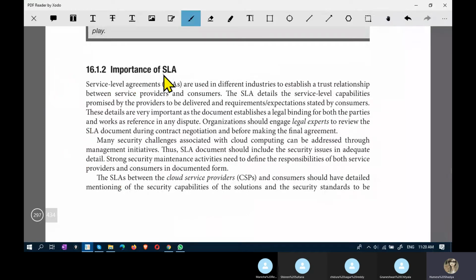What is the importance of SLA in the context of security? SLA is service level agreement, and it is between providers and consumers.